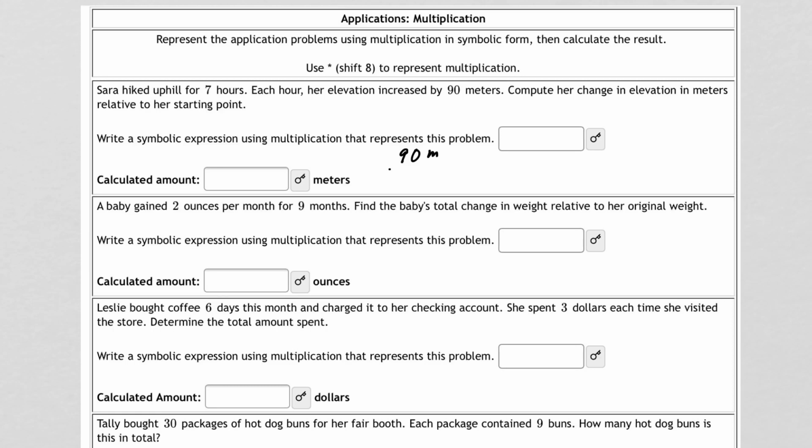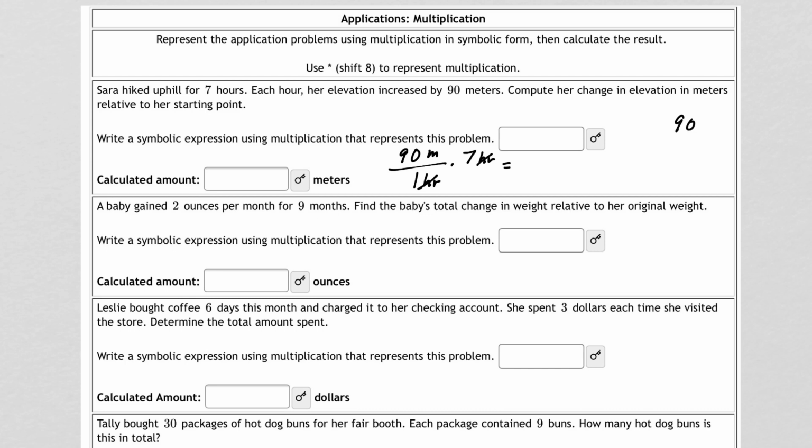Okay, that's better. So 90 meters per 1 hour times 7 hours. Right, she's hiking for 7 hours. So again, we will learn a lot more about conversions, but the units of hours, if I have hours over hours, that cancels. And I'm going to end up with meters, right?